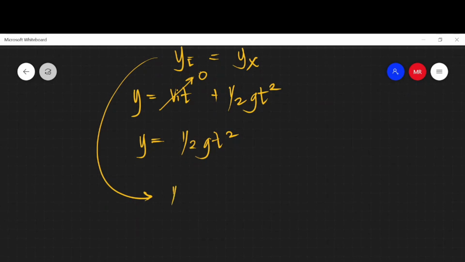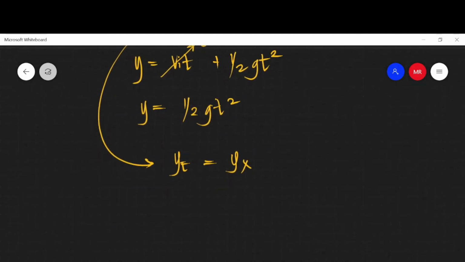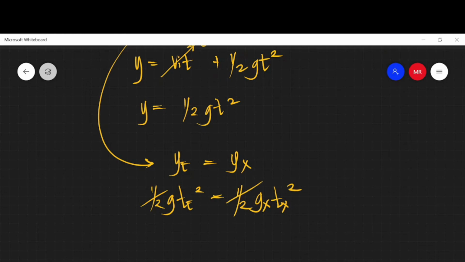We'll have 1/2 g on Earth times time on Earth squared is equal to 1/2 gravity on planet X times time on planet X squared. Let's just cancel 1/2.